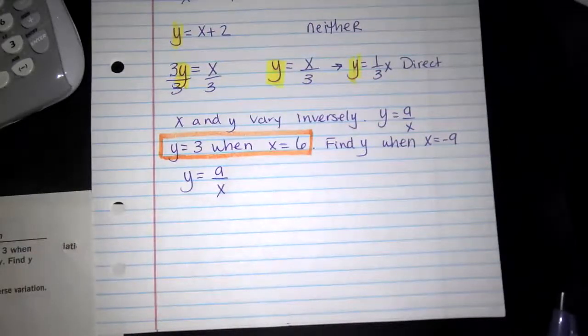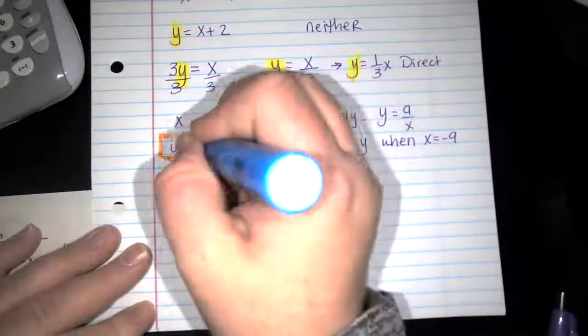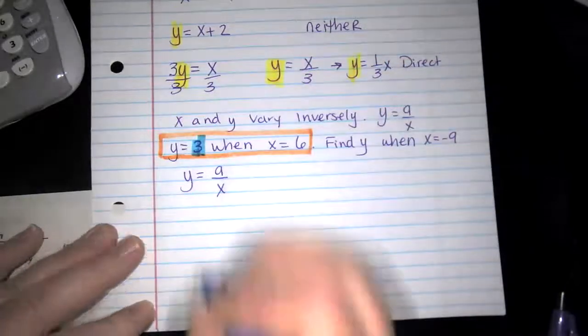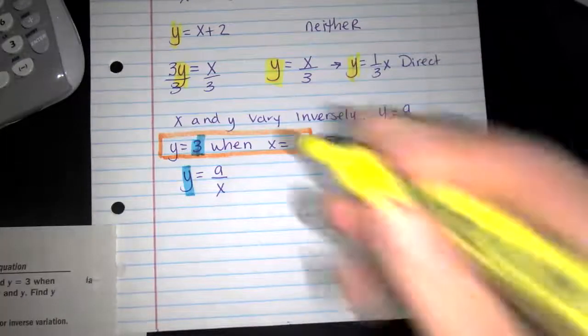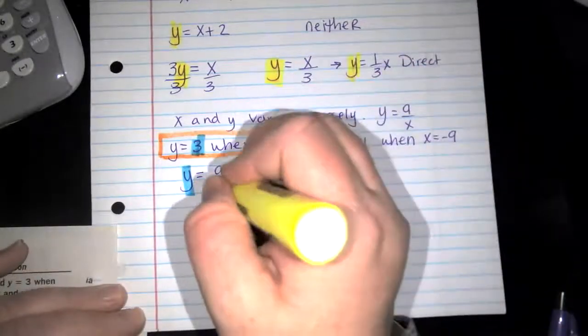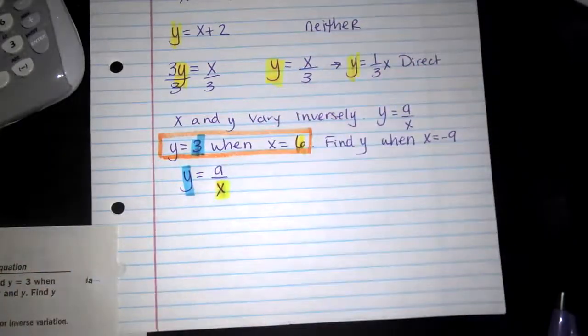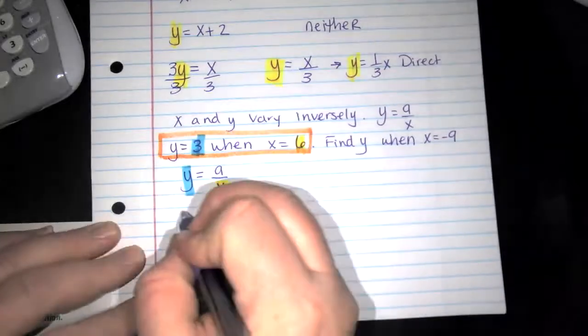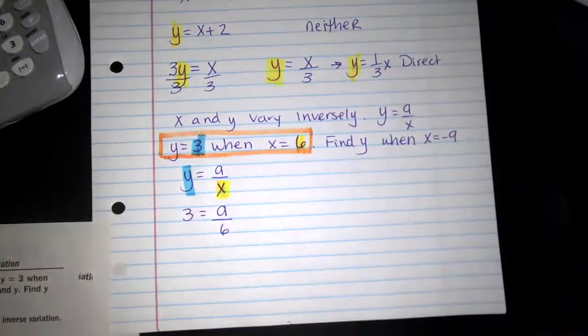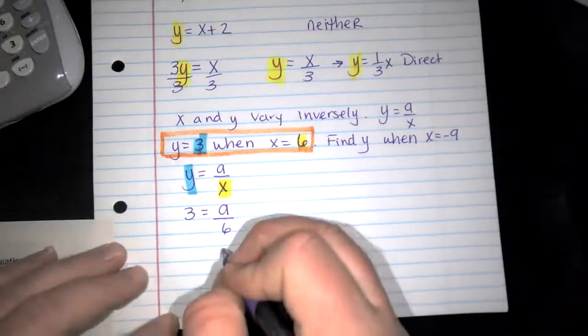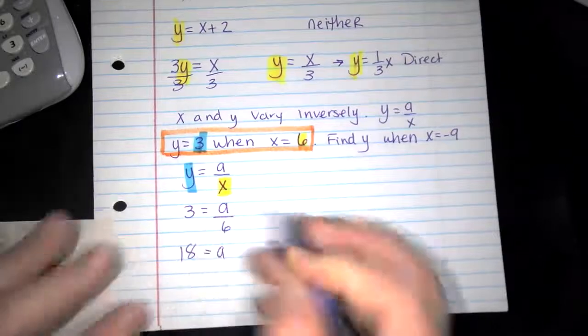Let's see. Plug the y in for the y. Plug the 6 in for the x and solve for a. 3 equals a over 6. So is that the way it's going to be every time? Yes, you can literally cross multiply. So a is 18.